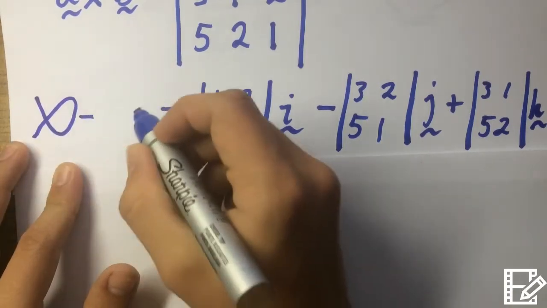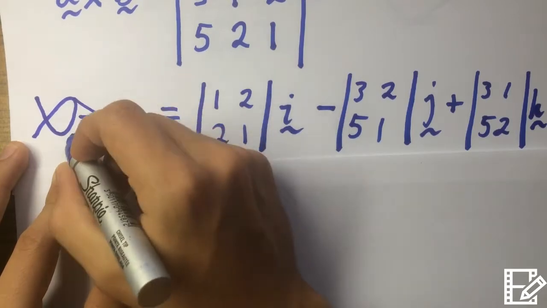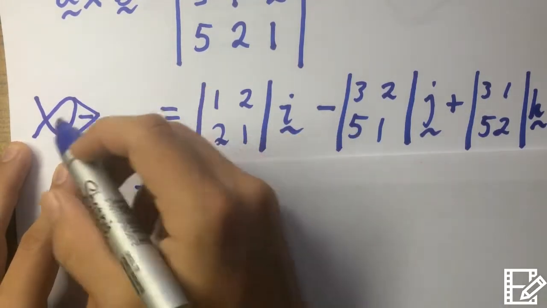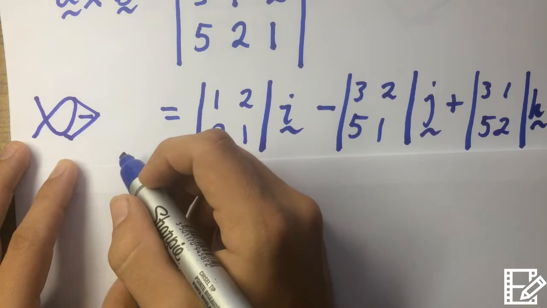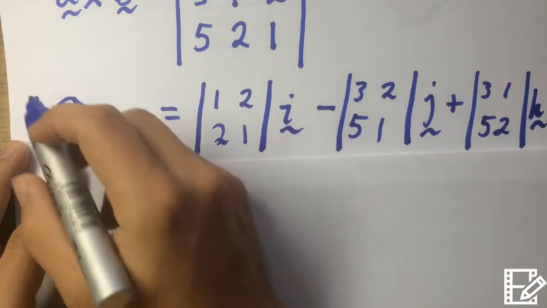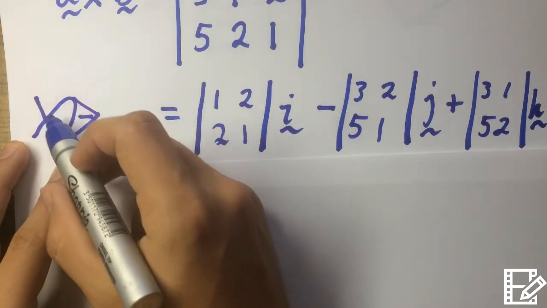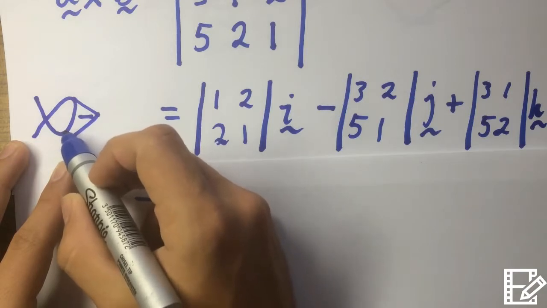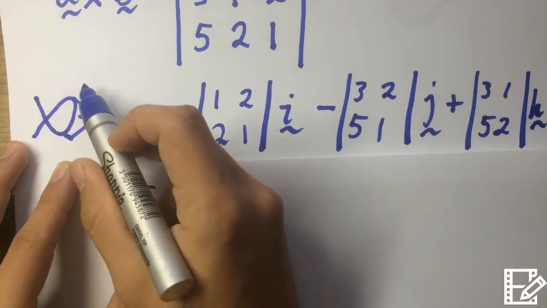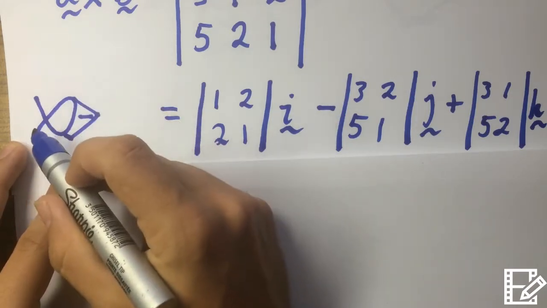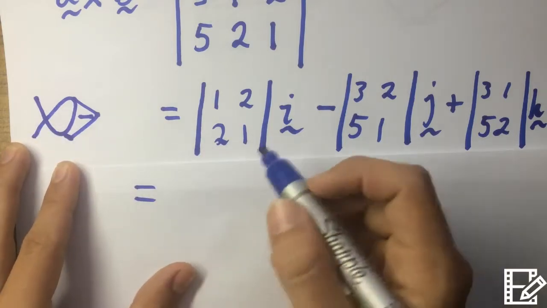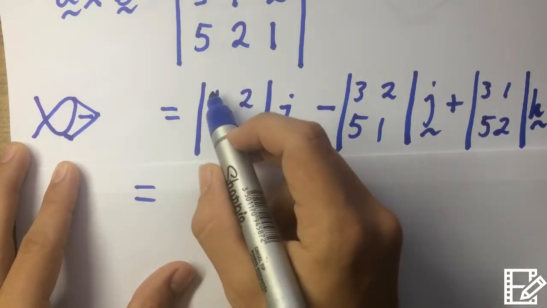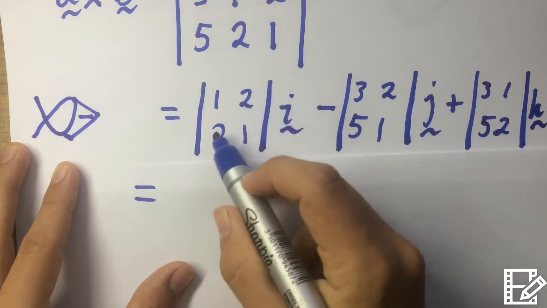However you would remember it, I like to remember it as being a fish. So you go this top value multiplied by the bottom right, and then you subtract this top right value multiplied by the bottom left. If you think of it as a fish, it goes like this.